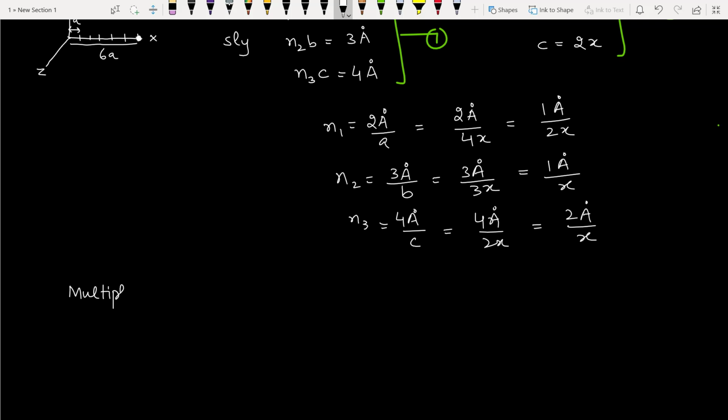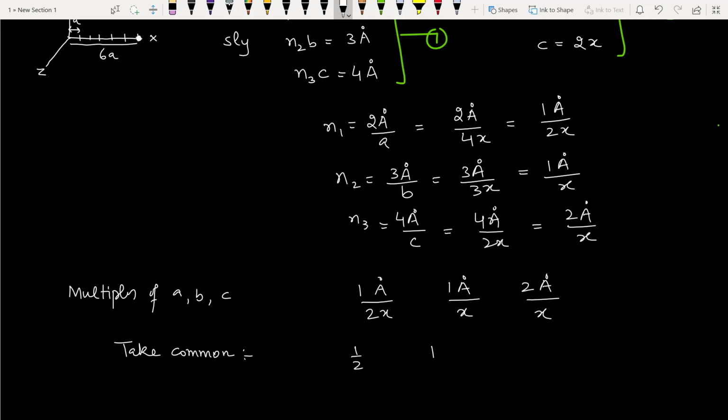So multiples of A, B and C we have found, and they are 1 angstrom by 2x, 1 angstrom by x, 2 angstrom by x. So take common. So these will be converted into numbers like this.